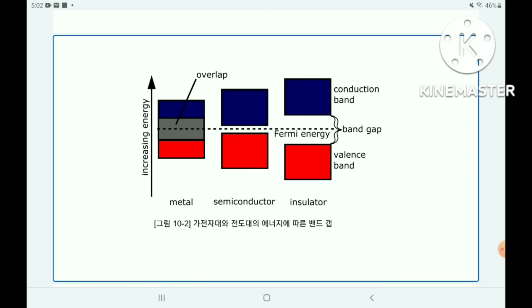In a semiconductor, the energy band gap is comparable to the thermal excitation energy, and thermal excitation can overcome the band gap. Therefore, the valence electrons can be excited to the conduction band side, in some cases at high temperature or by applying a bias, and flow as conduction electrons.